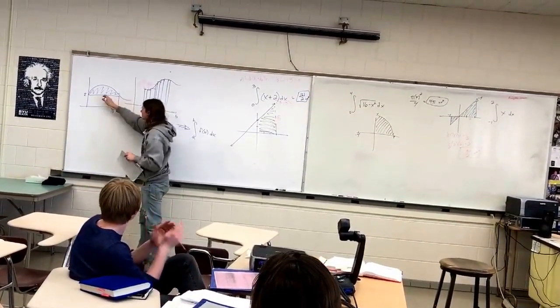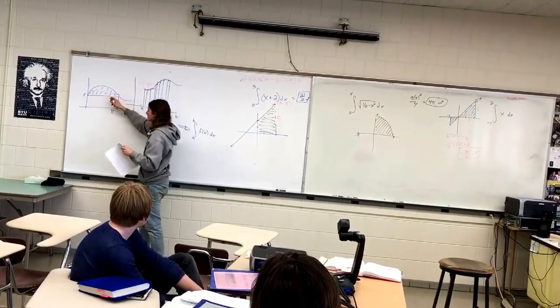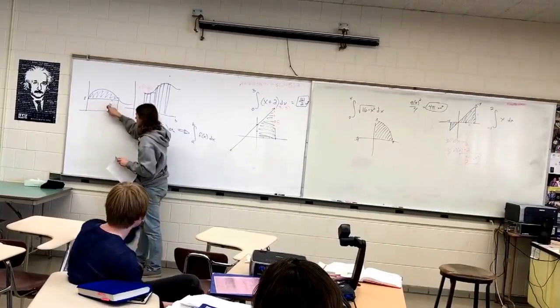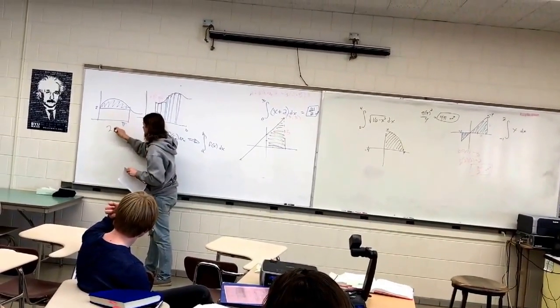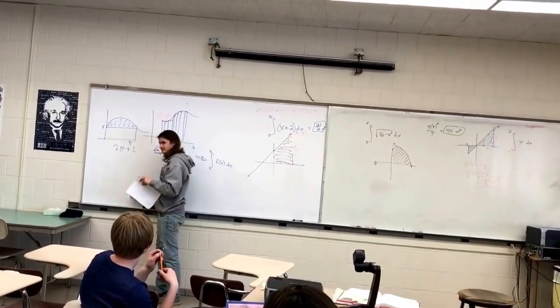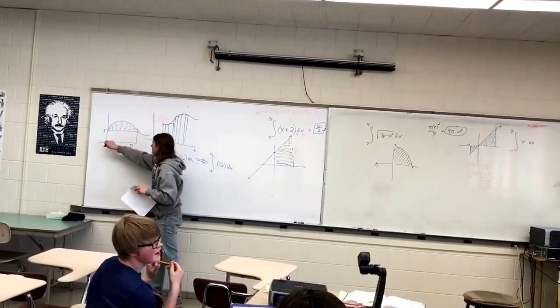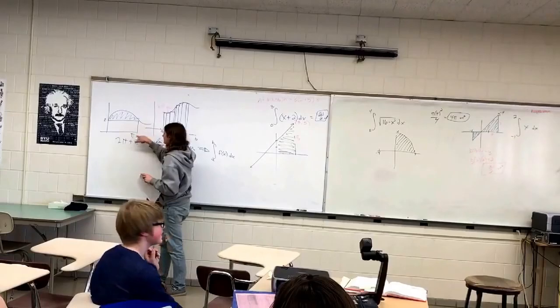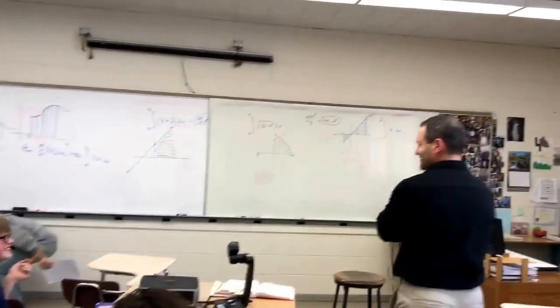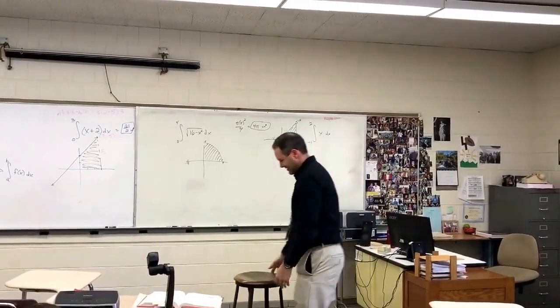We already know that this is 2 because that's what it started with, and the function moved it up, so then you just use the area of this rectangle, which is 2 pi, and then you add this 2 pi plus 2. How do I know the rectangle is 2 pi? Because the area of this rectangle is the height times the base.